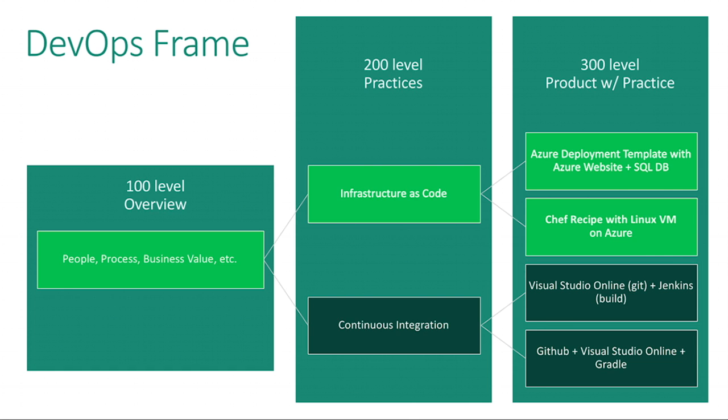So you can think of it like treating your infrastructure as a commodity, having teams working with each other and similar practices like that. And then that sort of goes into infrastructure as code, which is the practice we're talking about today. Then finally, you can look at using ARM templates from Azure, or Chef and Puppet with Microsoft Azure or other cloud providers. And that's the mapping that we have for this specific DevOps practice.